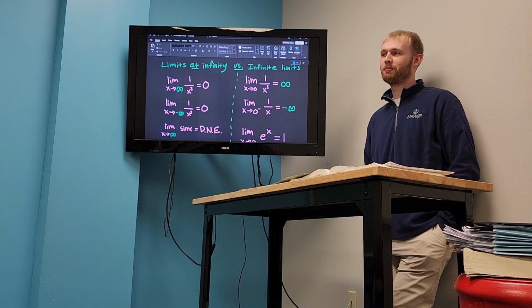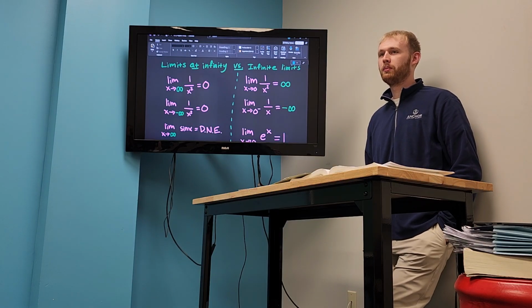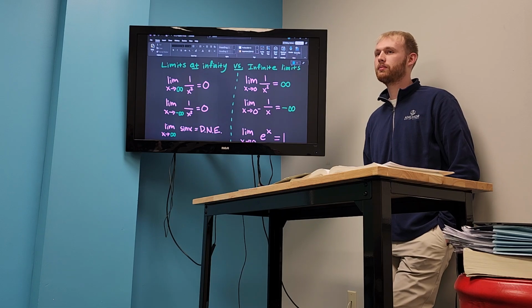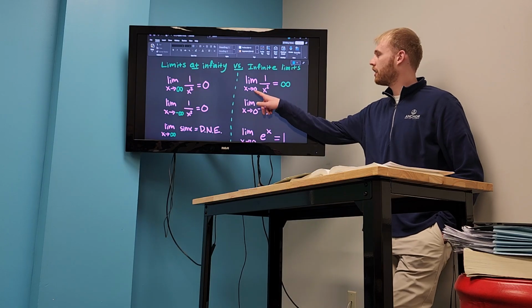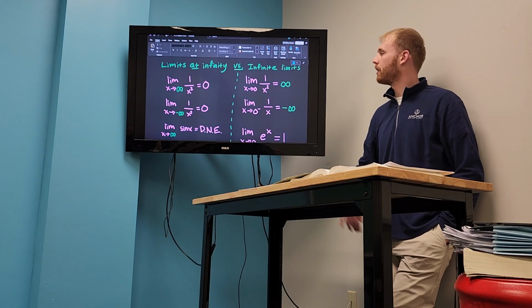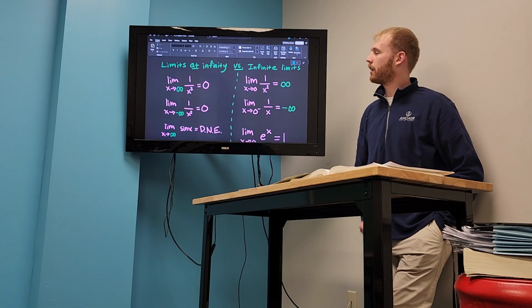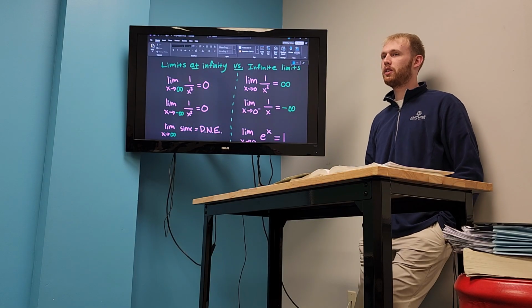Nothing's too obvious. Between the first limit at infinity and the first infinite limit, the values just flip. Okay, you mean this value and this value? Yes. Okay, so 0's here, infinity's here, and then they flip-flop there. Great. What else do you notice?